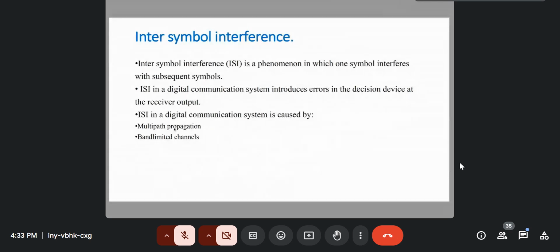But when the bit rate increases so that you have pulses which are packed close to one another, then that spread in the time domain may affect the other signal which is behind it. So the symbol that was ahead interferes with the one behind, but it is not the main one, it is the version that took a longer route that interferes with the signal in the rear. That's what we call multipath propagation.